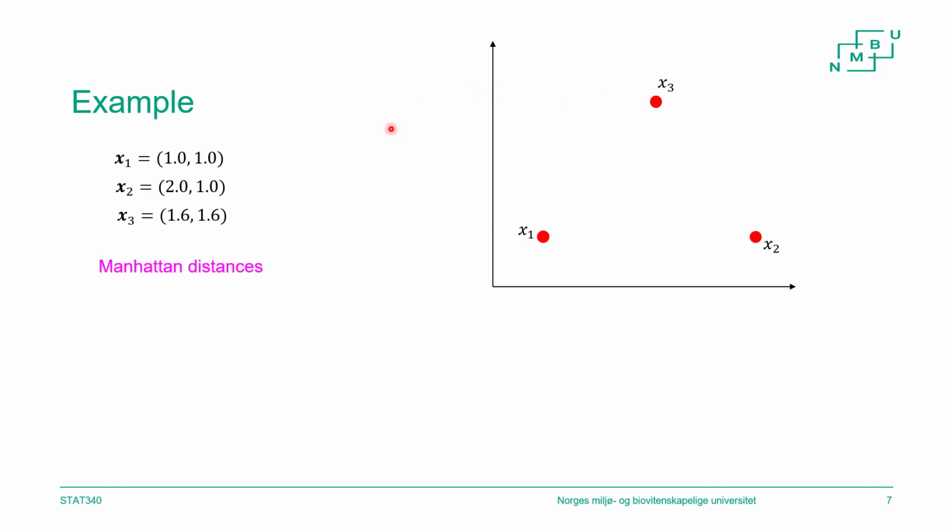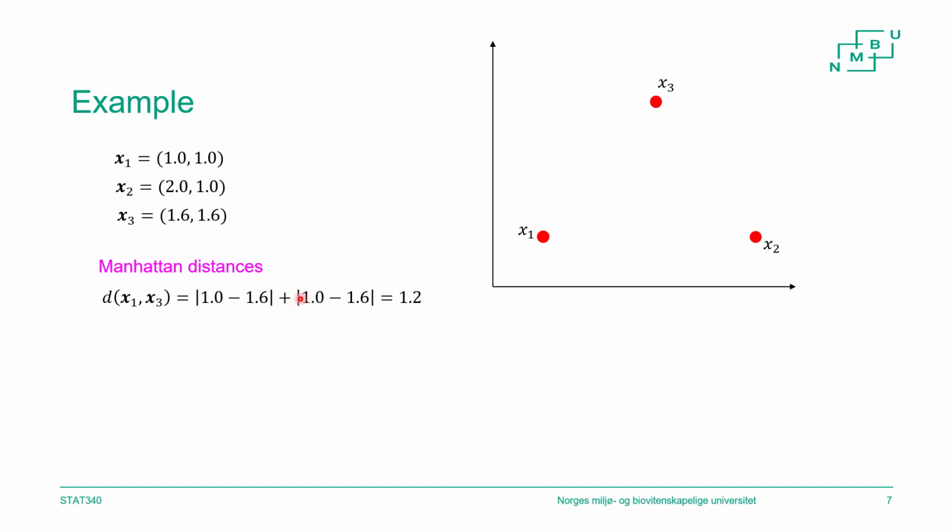So the Manhattan distances between these points, how are they actually computed? Here is the formula for computing the Manhattan distance between x1 and x3. We start in the first column, look at the absolute differences to the power of 1, and then the 1st root, which means we can just skip that q altogether since it's 1.